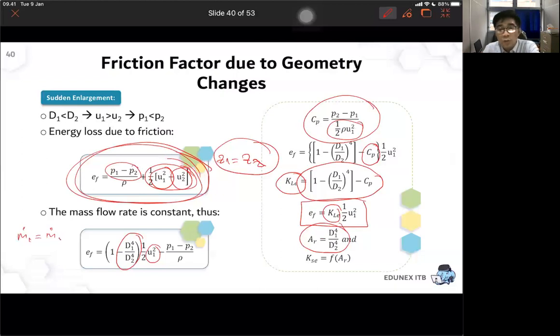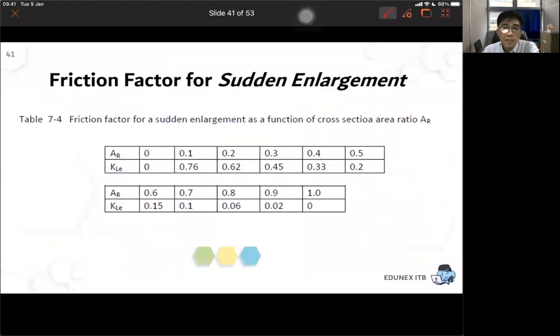So the ratio will cause the differences in KL, the fitting constant of the sudden enlargement. That's why the fitting constant will be a function of d1 by d2 to the power of 4, and the table you can get from the textbook.